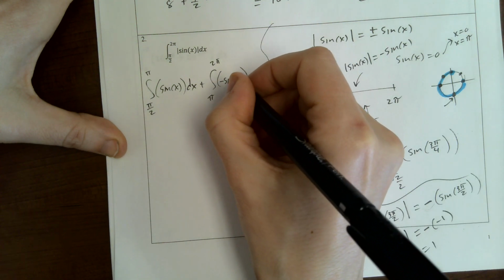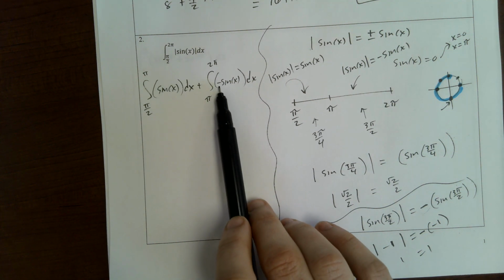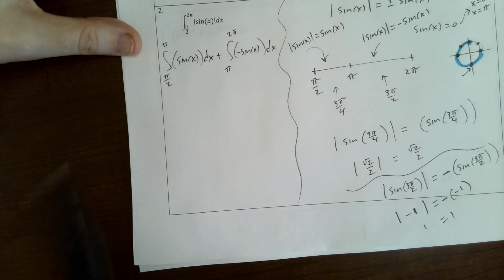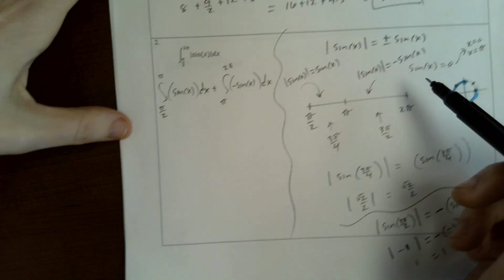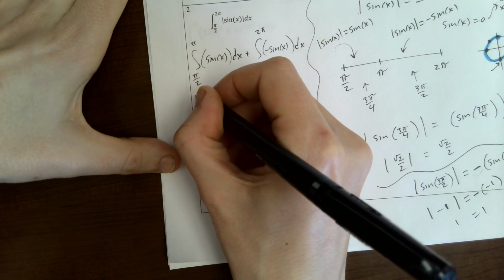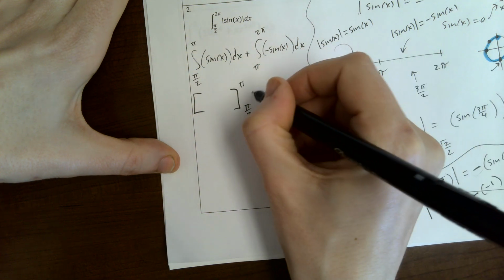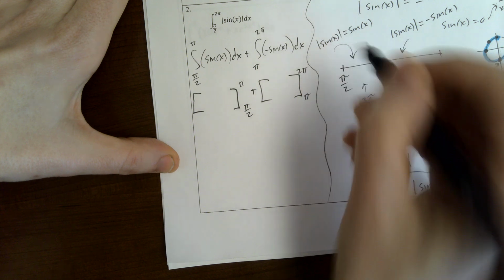But you could also ensure positive outcomes by negating the negative outcomes. Okay, so now I'm ready for the fundamental theorem of calculus. As soon as you know how to take the antiderivative of what is inside, then it is time for the FTC, the fundamental theorem of calculus. Okay, so I'm doing brackets, pi over 2 and pi plus brackets, pi and 2 pi.